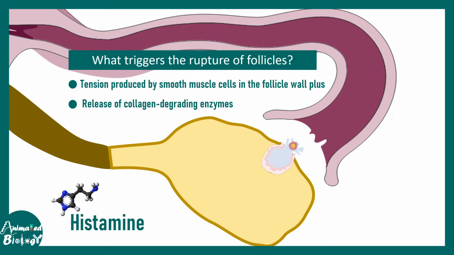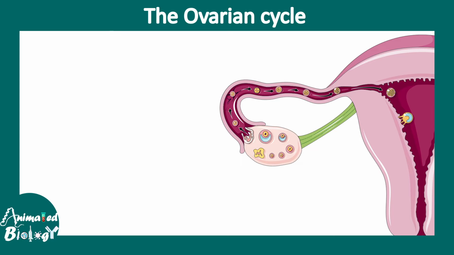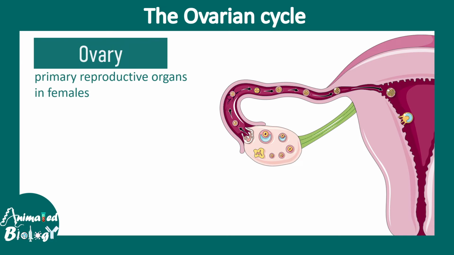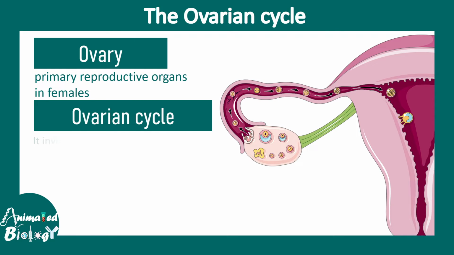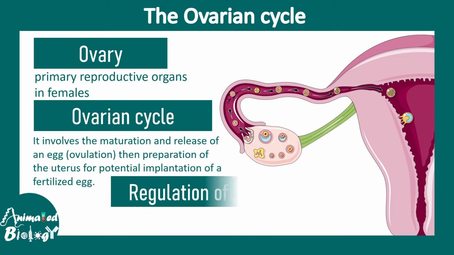It has also been seen that histamine and prostaglandin play certain roles during ovulation. Now let's talk about the ovarian cycle in a little more detail to understand oocyte development. The ovary is the primary reproductive organ in females, and the ovarian cycle describes the events of maturation and release of the egg.